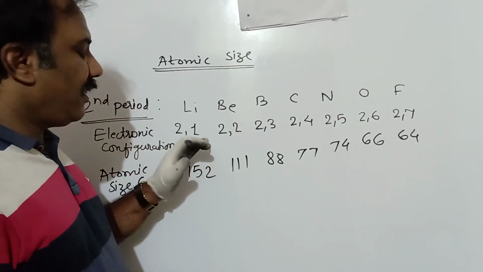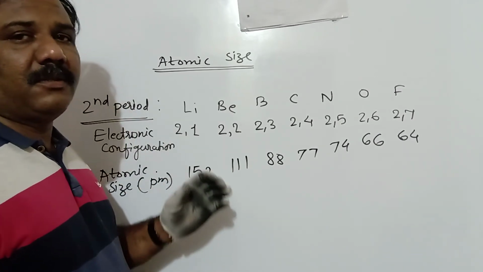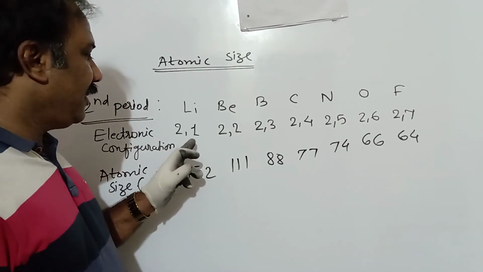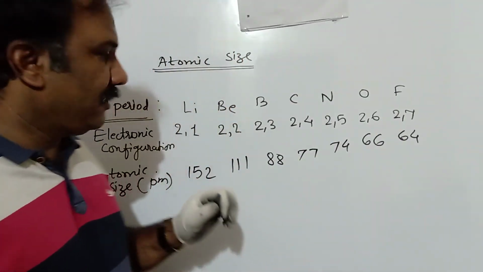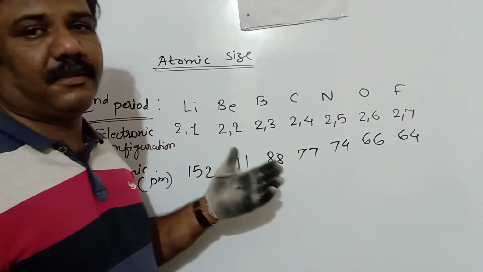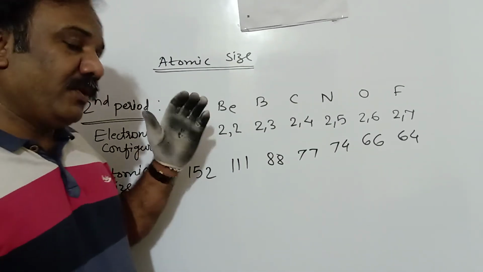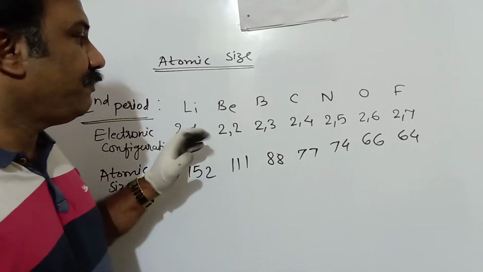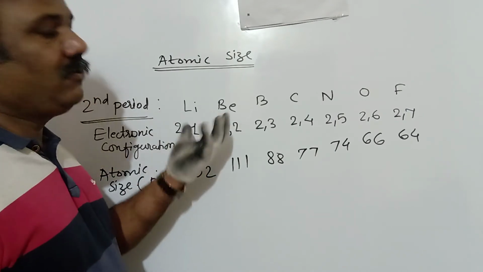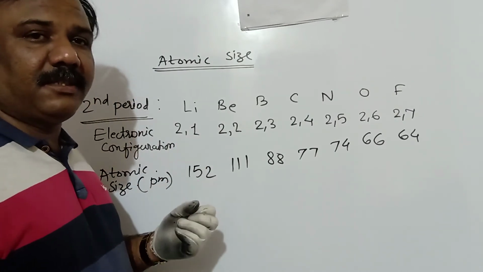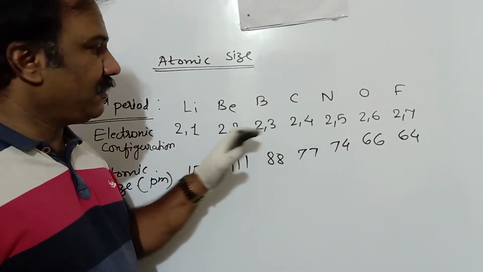As we know, the number of electrons is always equal to the positively charged protons in the nucleus. It means as the number of electrons increases, the number of protons and hence the positive charge is also increasing. So nuclear charge is increasing, therefore the pull of the nucleus on the outermost orbit is also increasing, and that's why the atomic size is decreasing across the period.